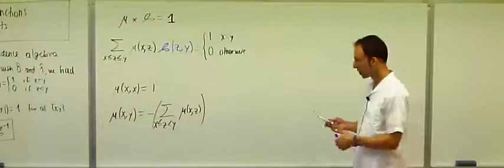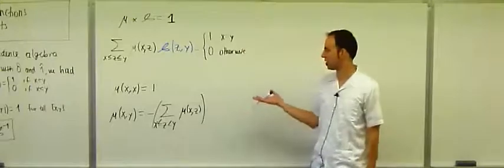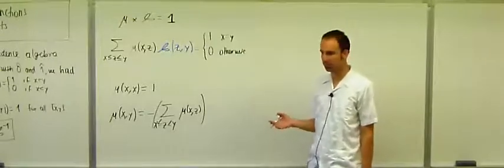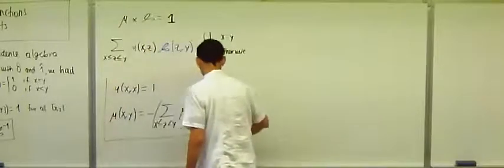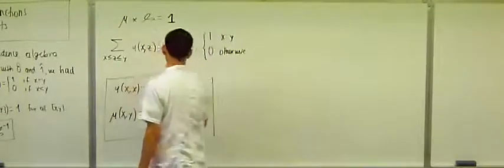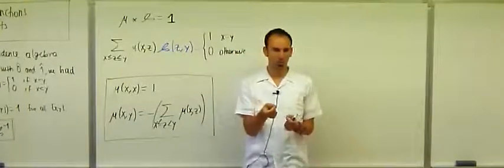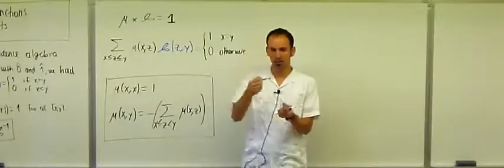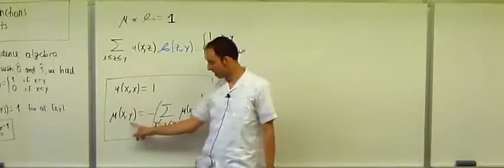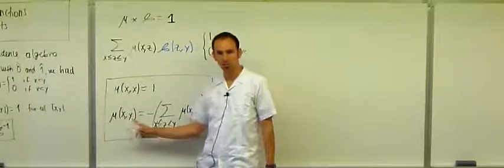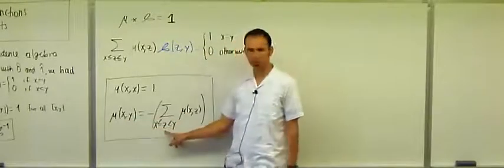The reason this is useful is that, actually, this is the way that the Mobius function is more often defined. I claim that this defines it completely recursively. Because it says, if you need to find the Mobius number between x and y, then you do the following. If x and y are equal to each other, it's 1. And if x and y are not equal to each other, then this gives you a recursive formula in terms of smaller values of z.